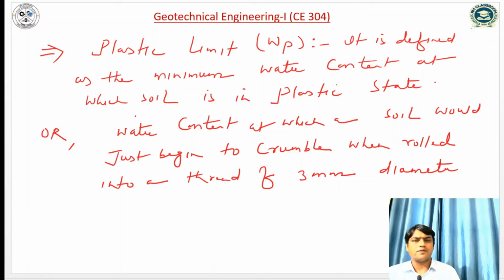So these are the two definitions. It is defined as the minimum water content at which soil is in plastic state, or the water content at which a soil would just begin to crumble when rolled into a thread of 3 mm diameter.